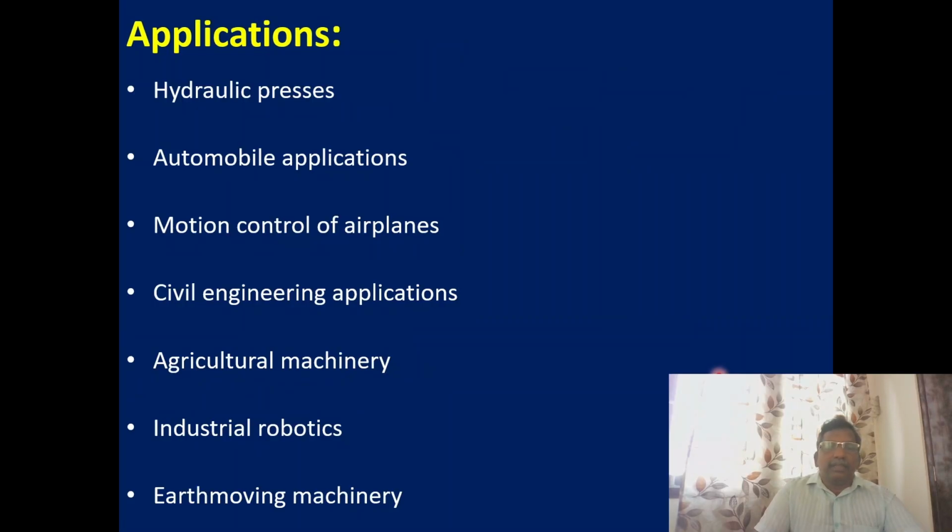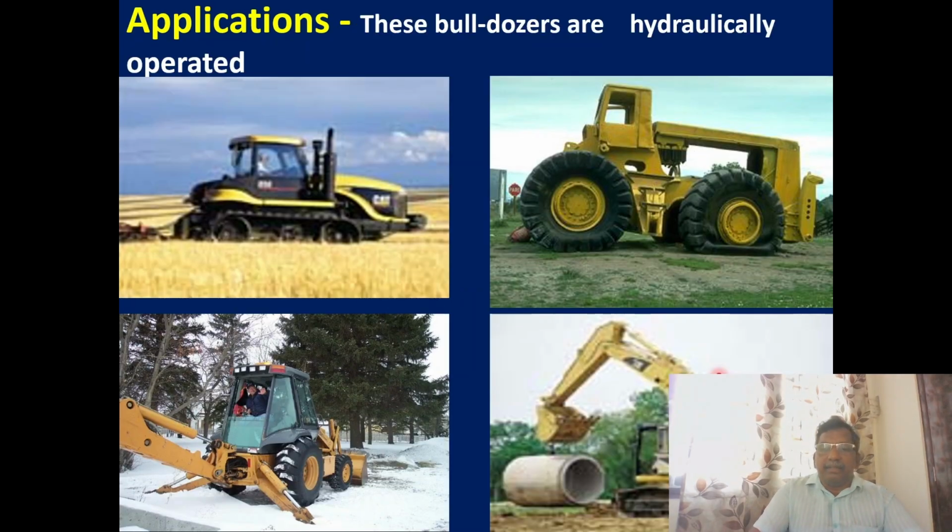Okay, for hydraulics, you can see the hydraulic press, automobile applications, motion control of planes, civil engineering applications, aviation machinery, industrial robotics and heavy machinery. These are all hydraulic applications. You can see bulldozers, which are hydraulic operated systems, heavy duty machineries.